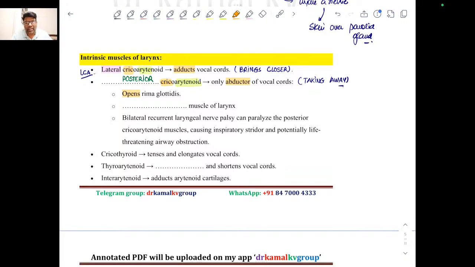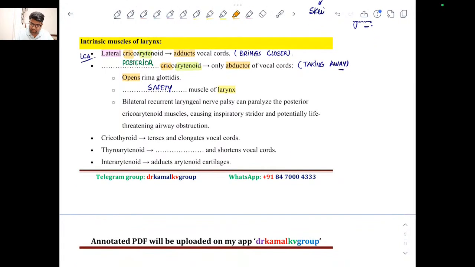It is opening up the airway passage, and therefore it is known as the safety muscle of larynx, as it opens up the respiratory passage.